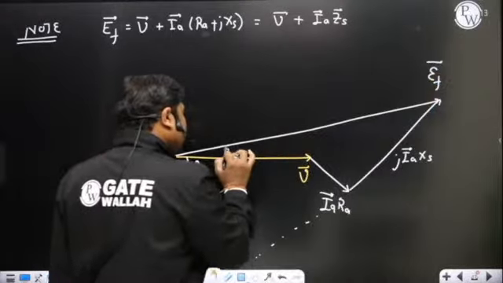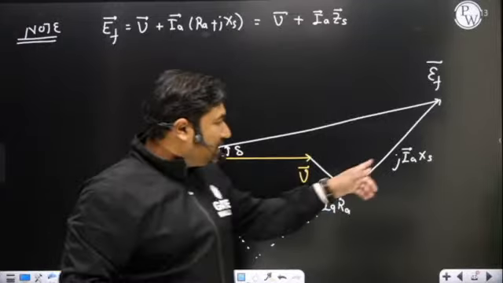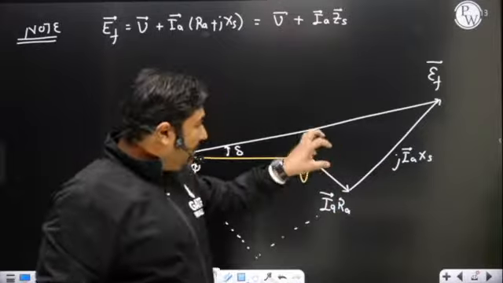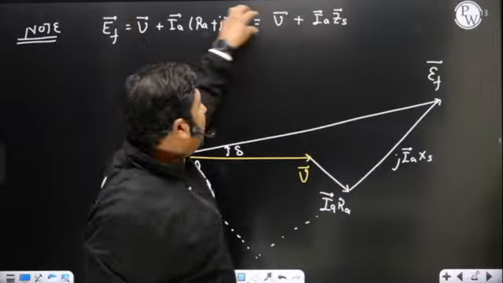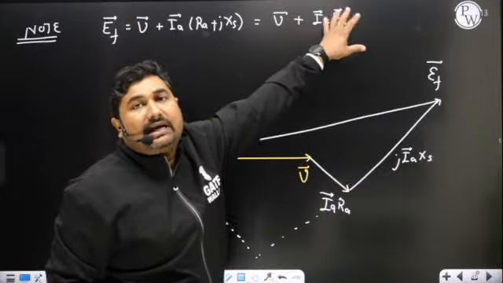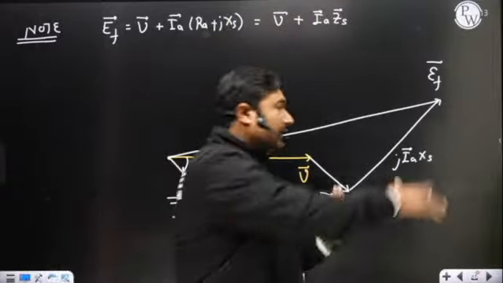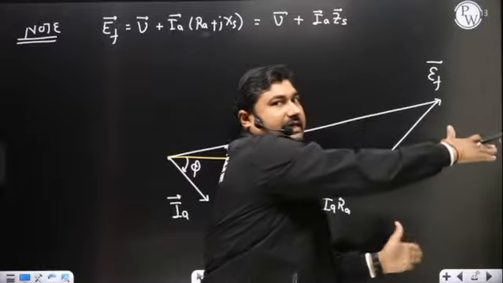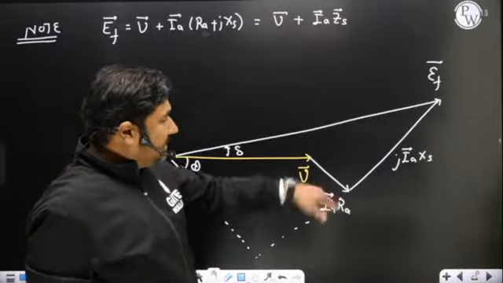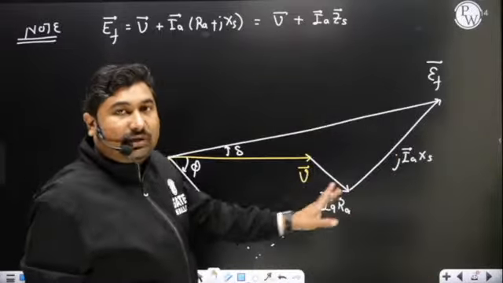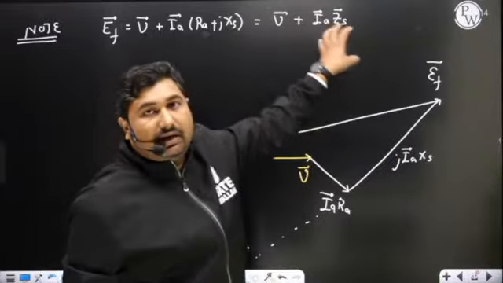I know we need not represent this J term when drawing a phasor diagram, but I am mentioning it to make you comfortable writing the equation. This is only the magnitude of IAXS, since the phasor is already represented, but I am writing the J term only to understand the flow of the equations.